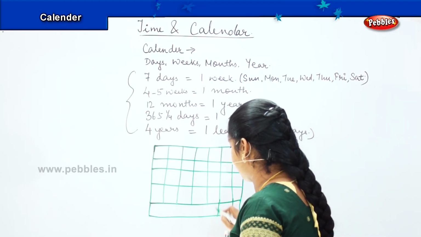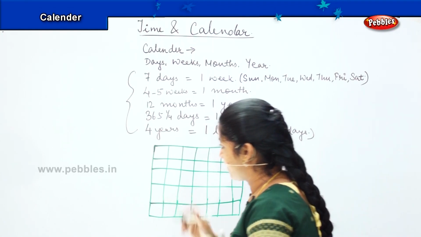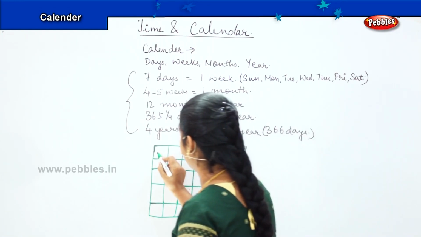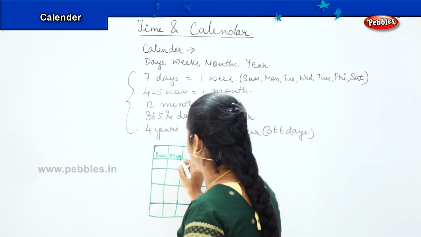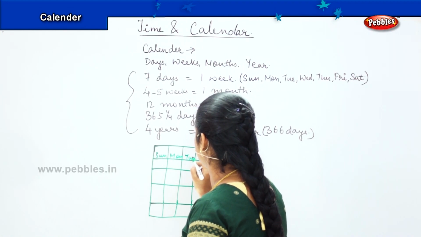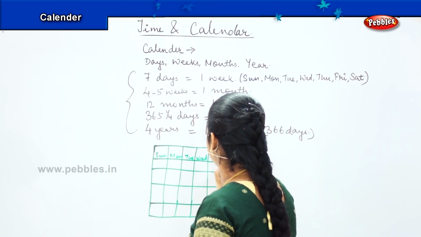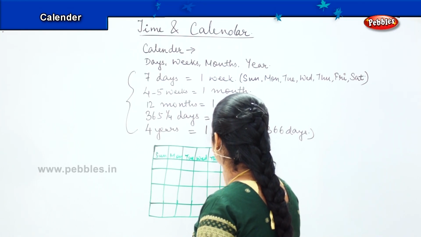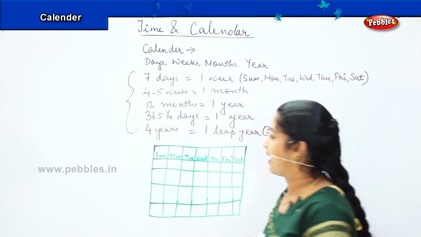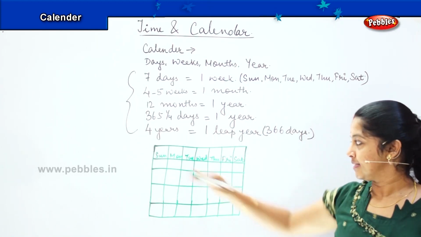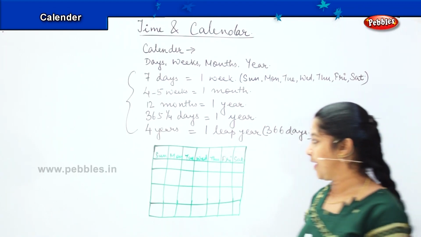Now, starting from here, I write Sunday, Monday, Tuesday, Wednesday, Thursday, Friday, and Saturday. So I have 7 days in a week. So this makes 1 week, right?